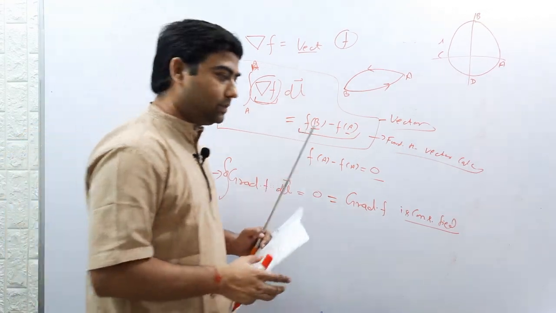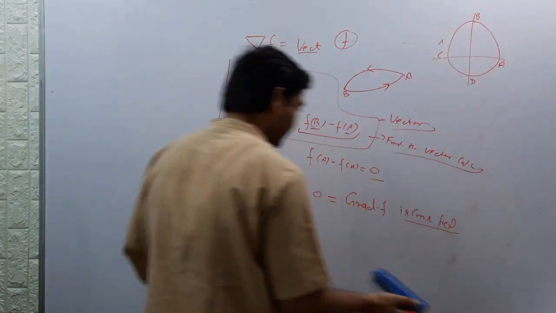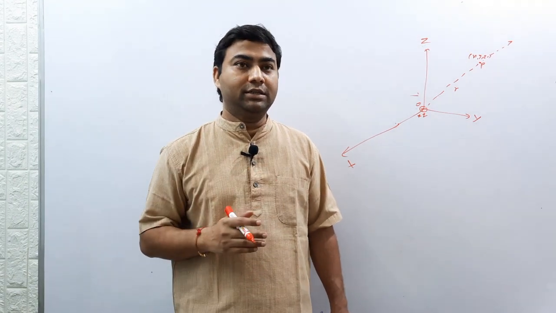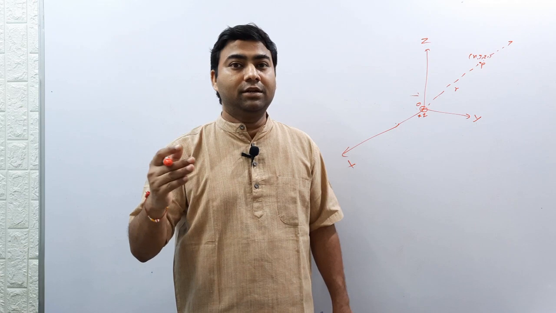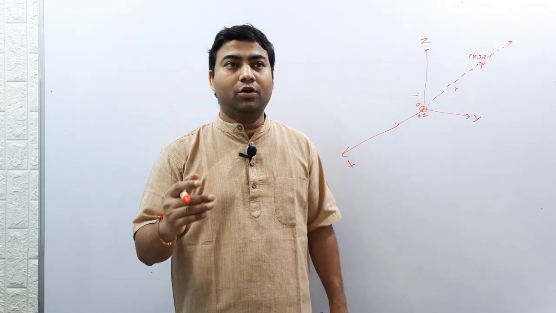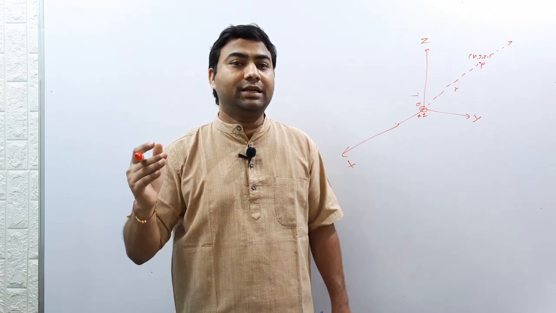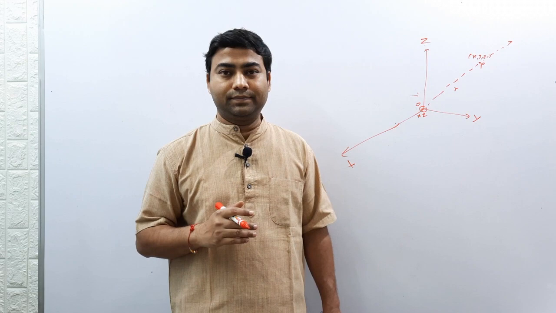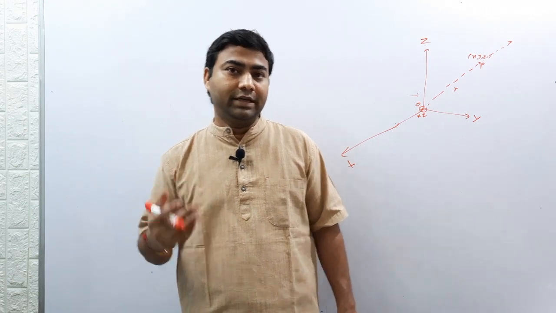This is a very important theorem. For example, the gradient of gravitational potential energy will give you the gravitational force function, and the gradient of electrostatic potential energy will give you the electric field. So that is the use of the gradient function.